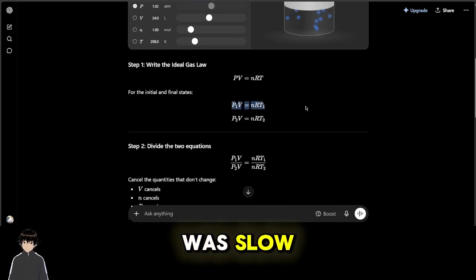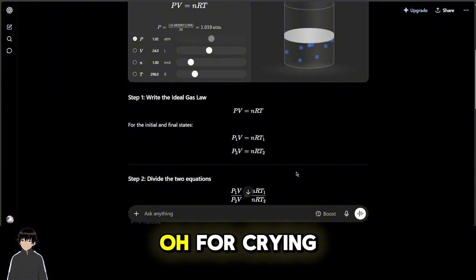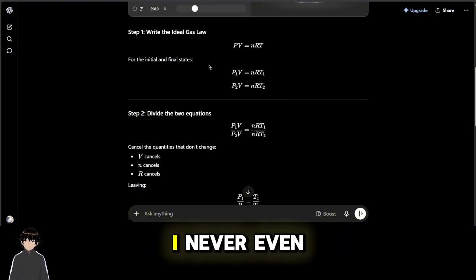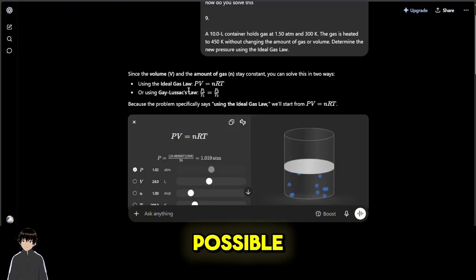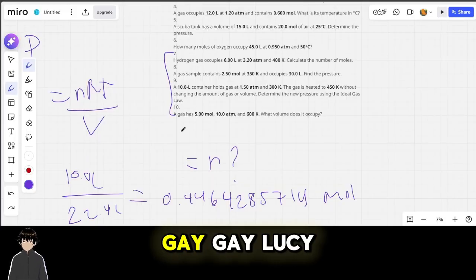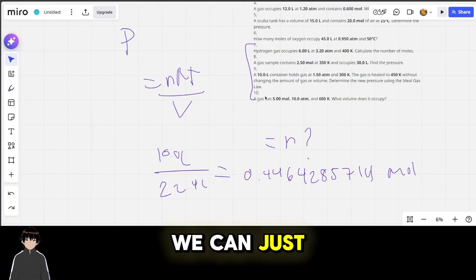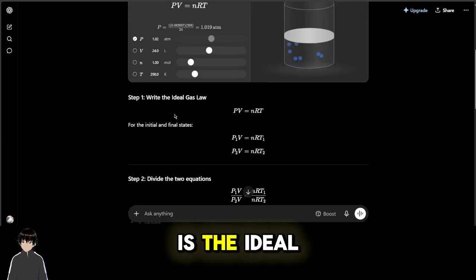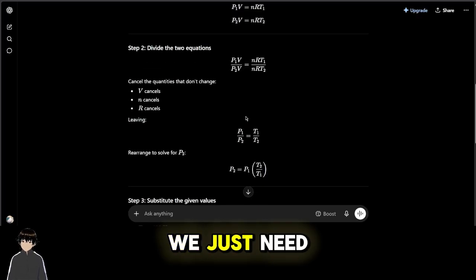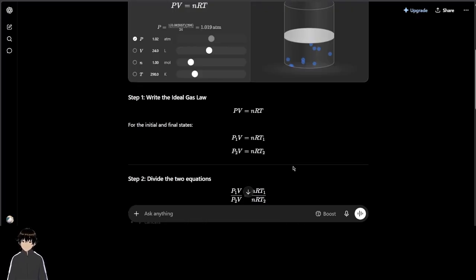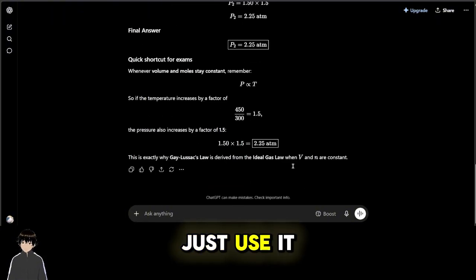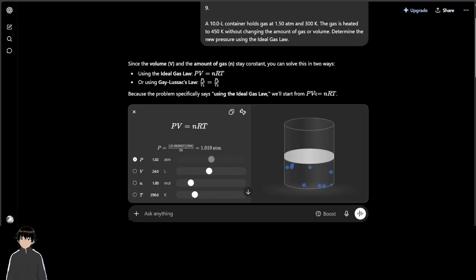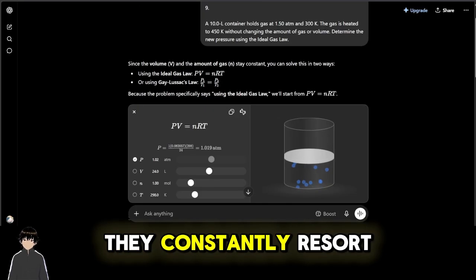So the ideal gas law. Oh, for crying out loud! I never even knew that this was possible. We could just use the Gay-Lussac law. Of course, this is the ideal gas law, but we can just use the Gay-Lussac law, right? The amount of gas stays constant.